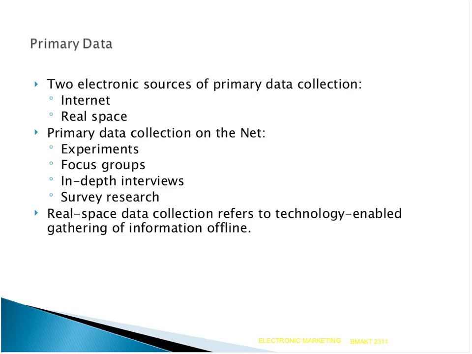So primary data, again, let's talk about primary data in detail. There are two electronic sources of primary data collection. One of the most common is the internet, when it comes to electronic marketing, and real estate. Primary data collection on the net can be through experiments.